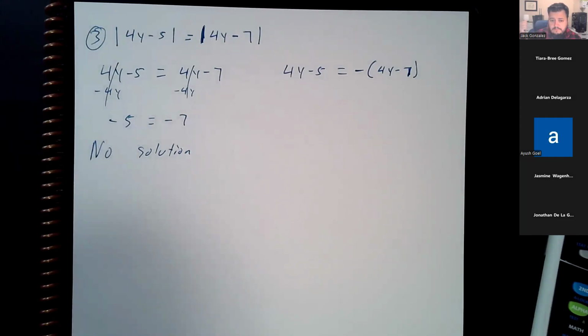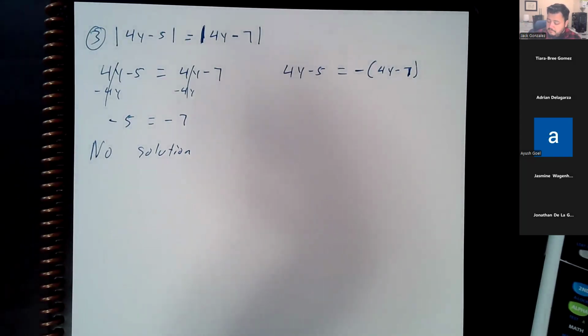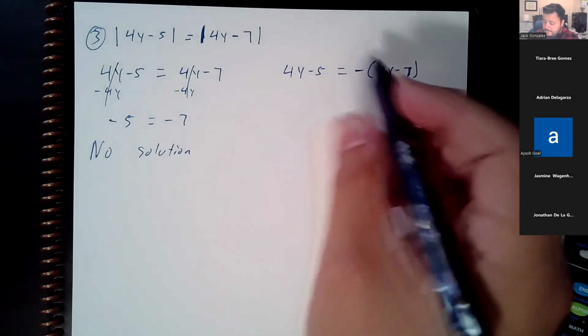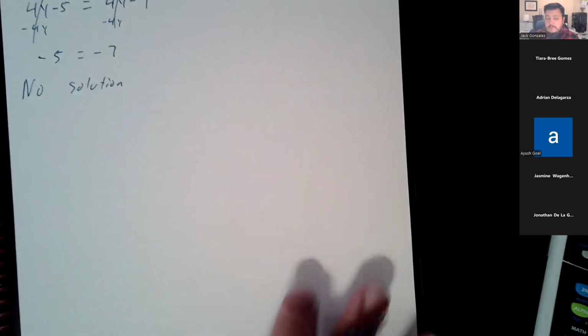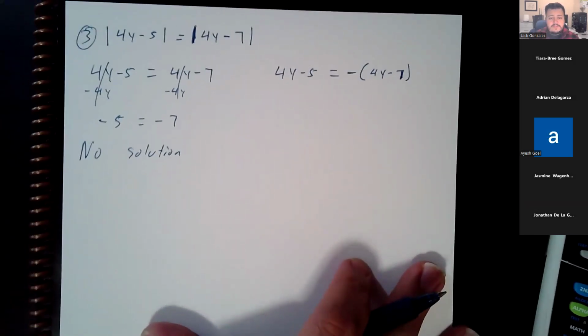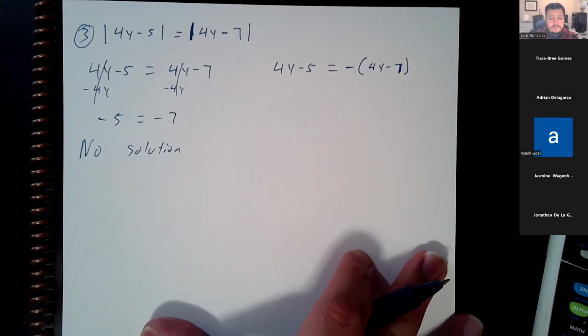No solution, one solution, or infinite. Okay, well, technically, one or more solutions, no solution, infinite. So you could have two at most for absolute value. Sorry, I got to be very precise in mathematics.